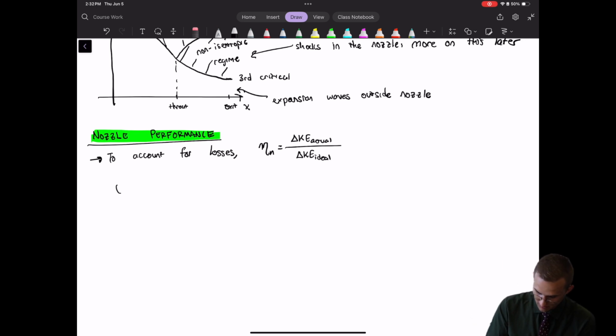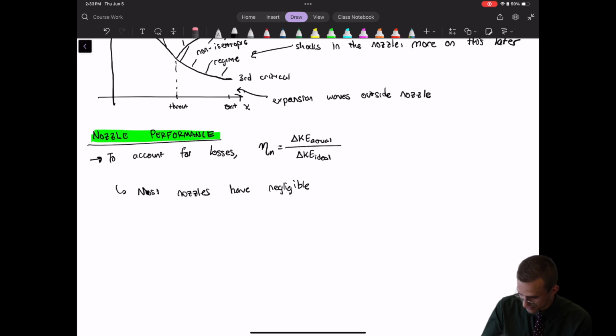So, most nozzles have negligible heat transfer Q and no shaft work.